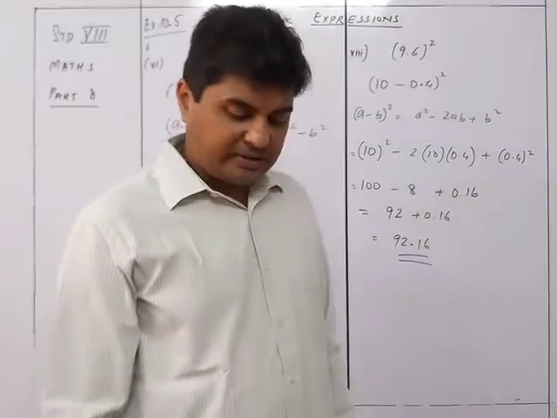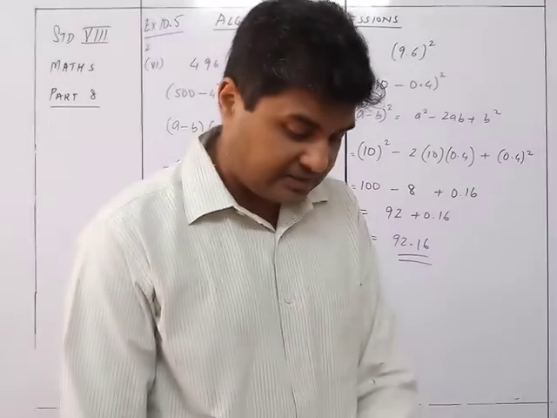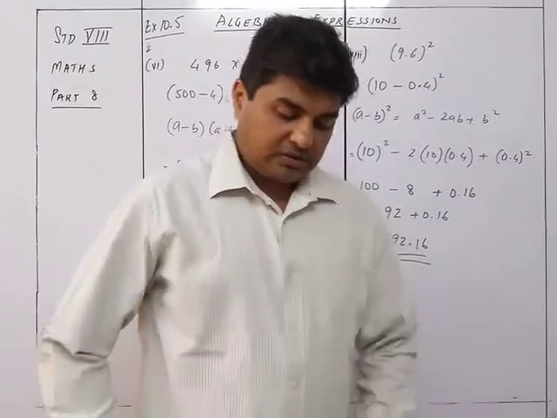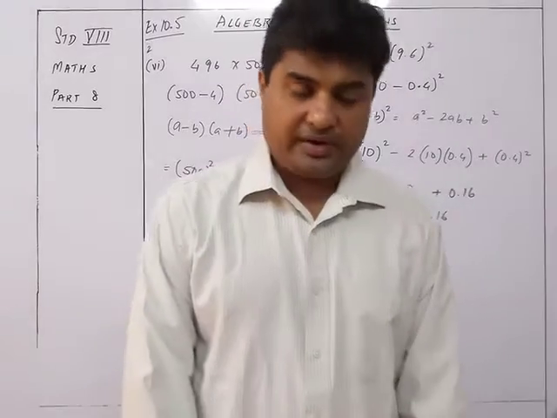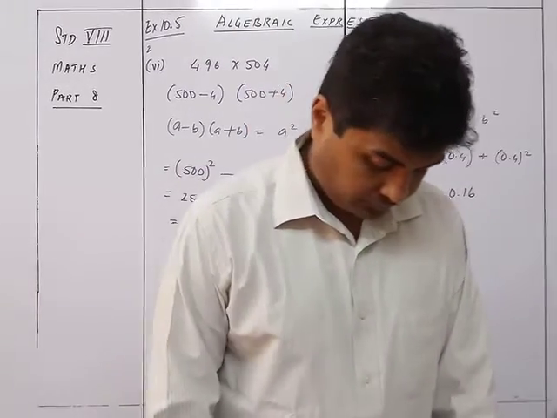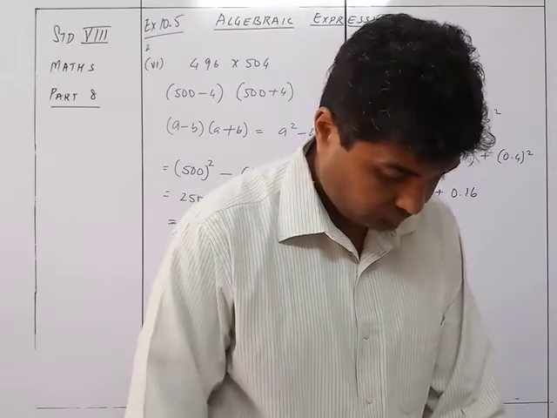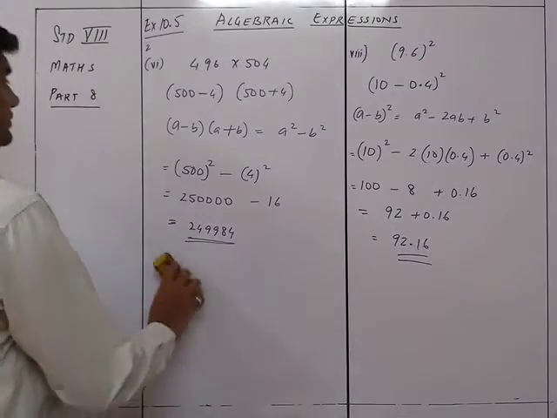Okay, 9.6 the whole square is given as 92.16. This was sum number 2nd. Now we move on to sum number 3.